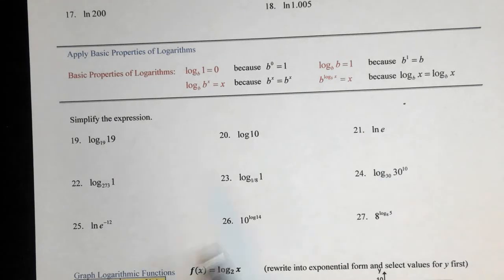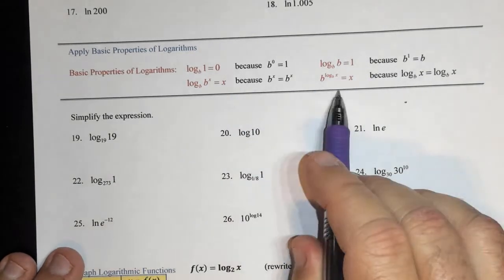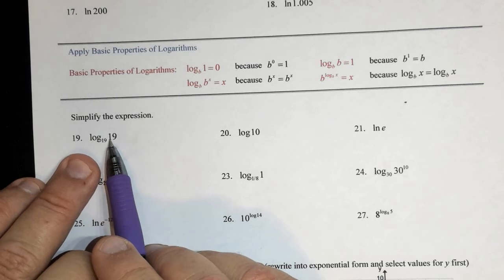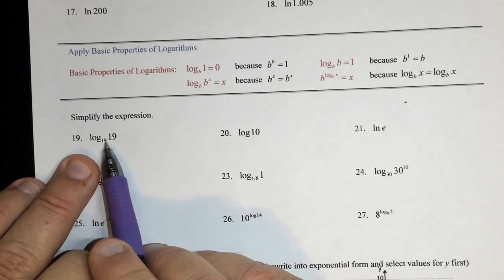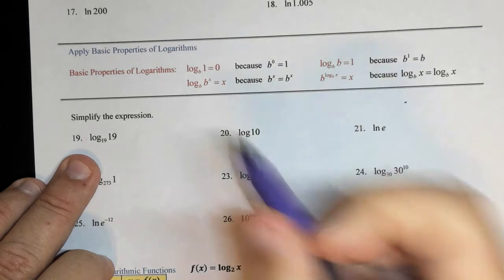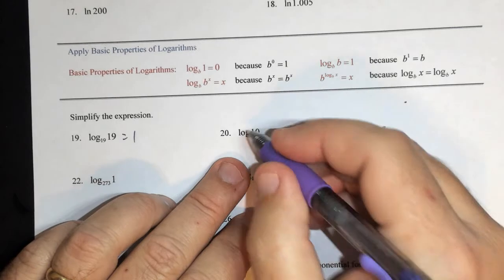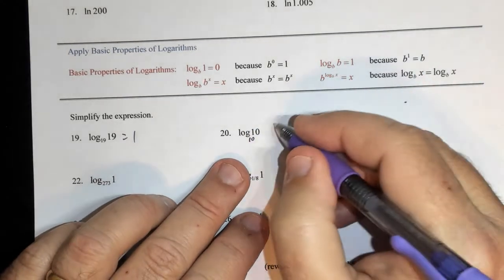Okay, so these are all ones we can do because of these basic rules up here. So log base 19 of 19, if these two numbers are the same, okay, that falls in here. These two numbers are the same, answer is 1. Well, what about log 10? Well, isn't this base 10? So the answer is 1.